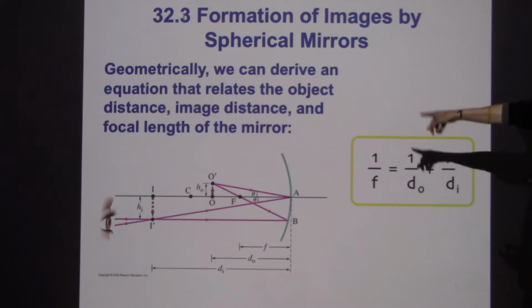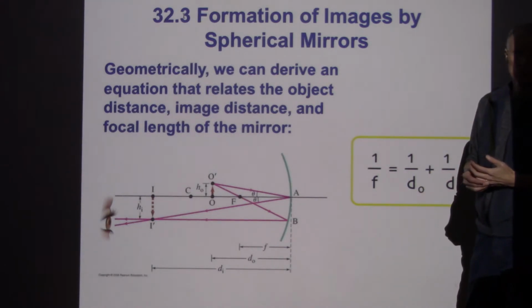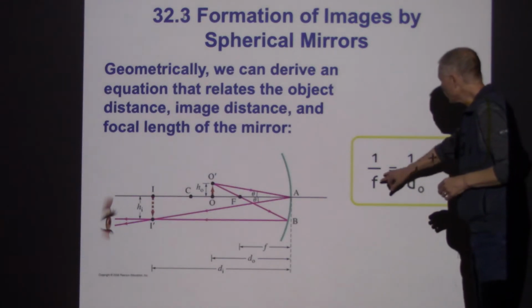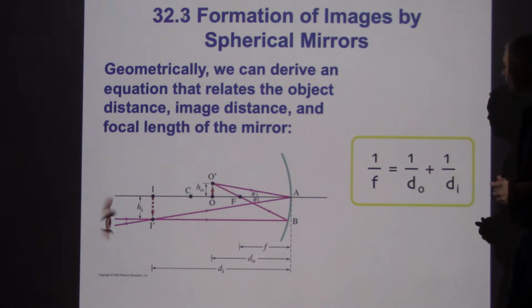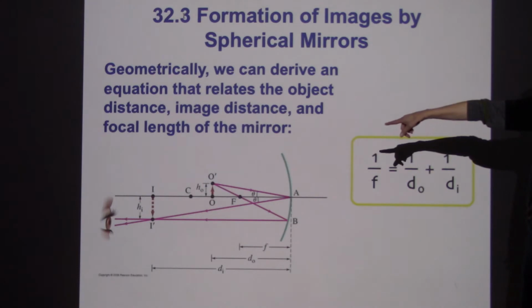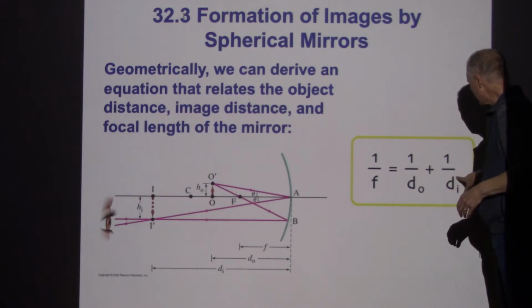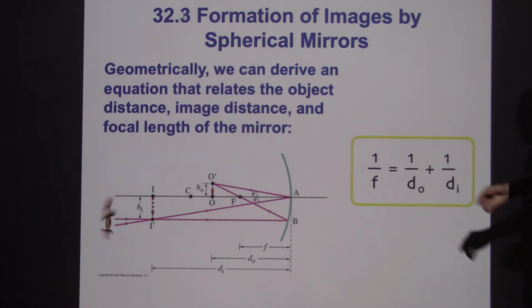So this is kind of the simplest case. The curvature we have here is what we consider positive curvature. It's converging. So the focal length value would be a positive number. The object is real. The object really does come from that location. And so that would be a positive number. And the image distance in this case also would be a positive number.